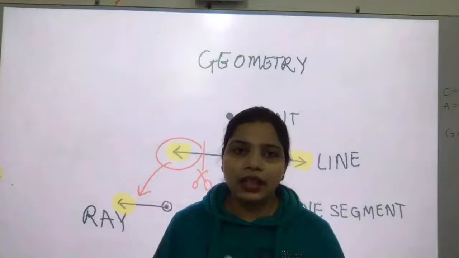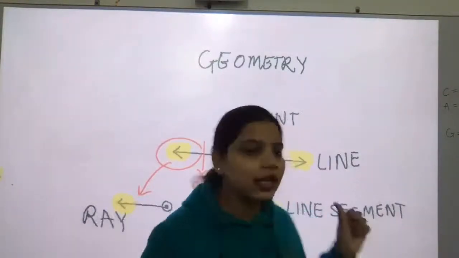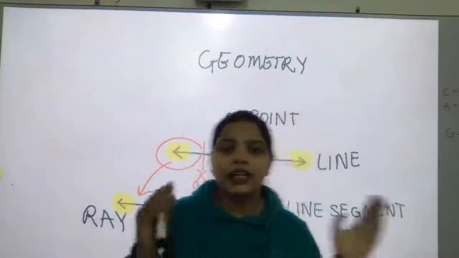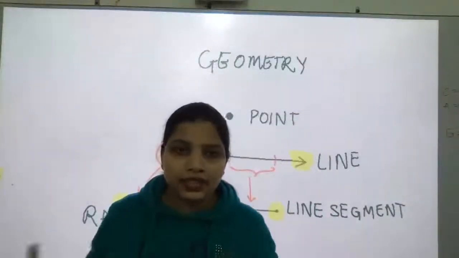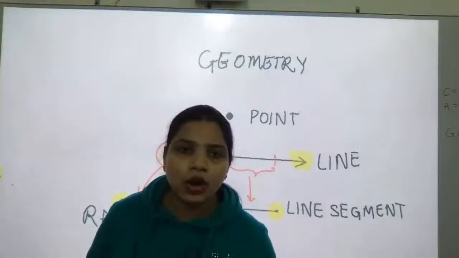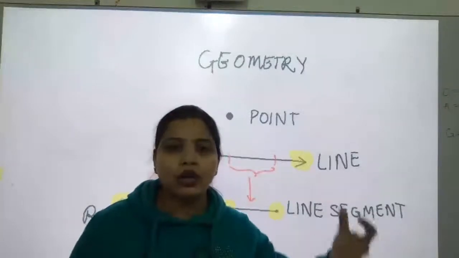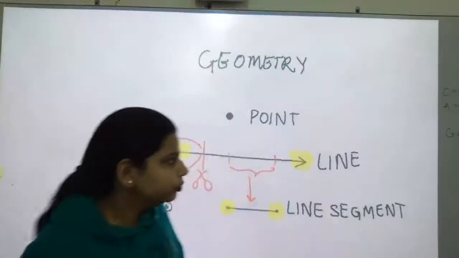If the thing is extending in both directions, it will be a line. And if it doesn't have the capacity to extend, it will be a line segment. Segment means part of something. It is a line segment, that means it is a part or a segment of a line.